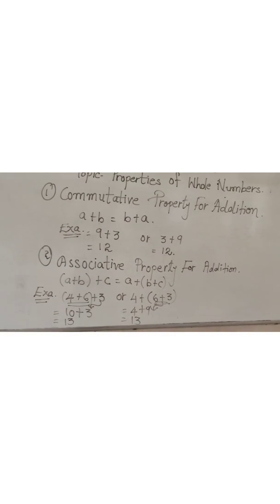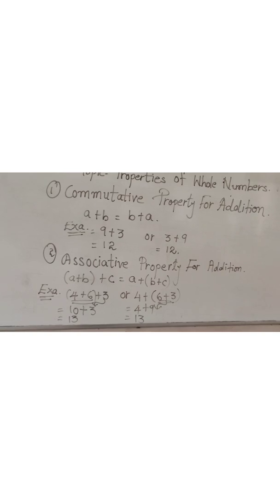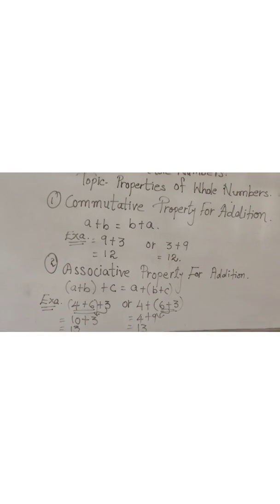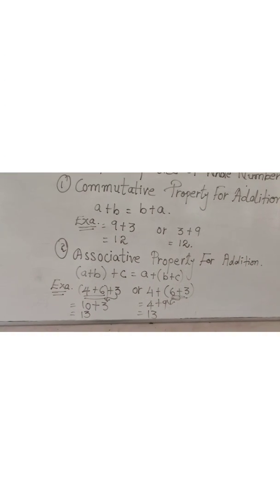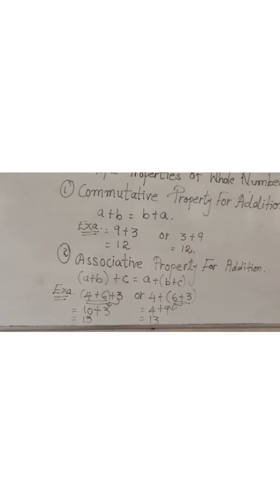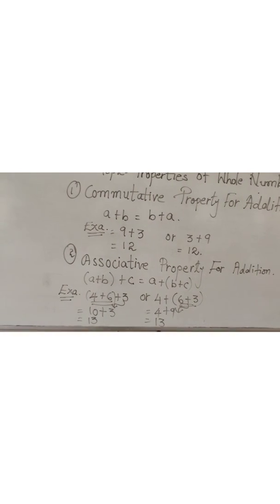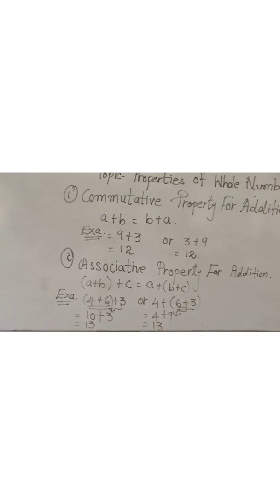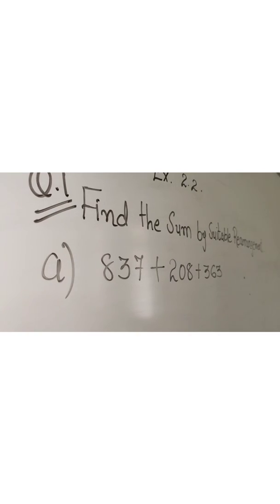So all in all, we can conclude that addition is commutative also and associative also. Means you can add the numbers in any order. Numbers को आप कोई भी order में add करोगे, answers will remain same. Understood? So now let's begin with the sum based on this property.